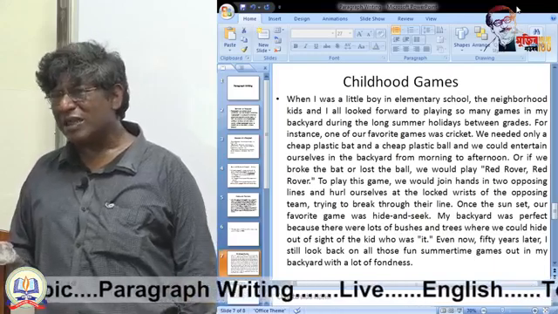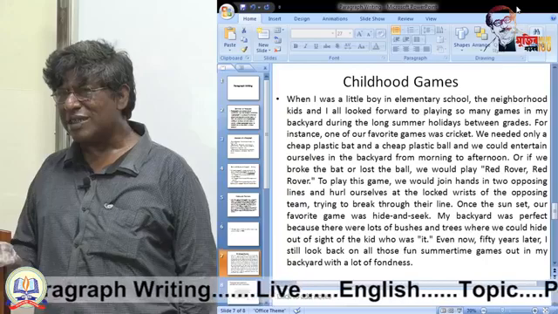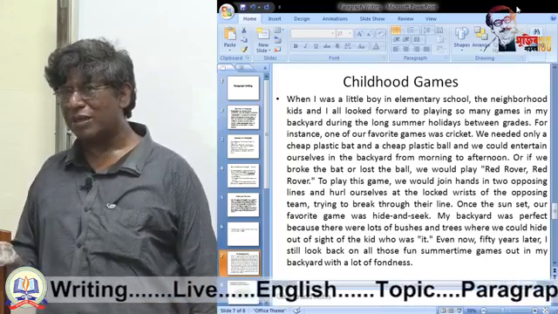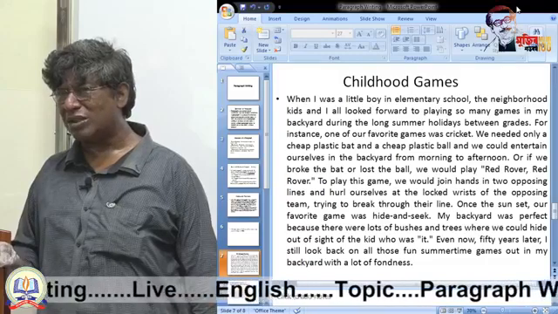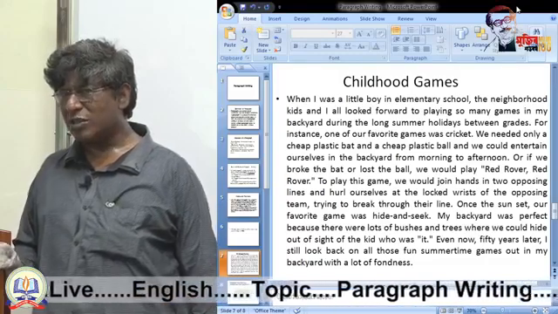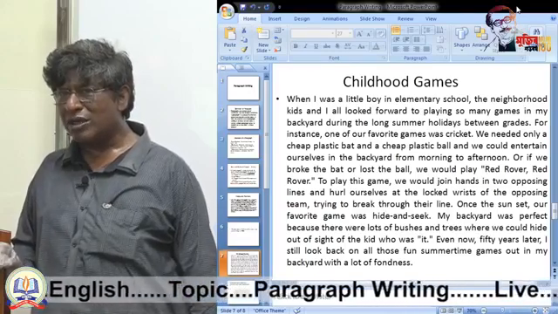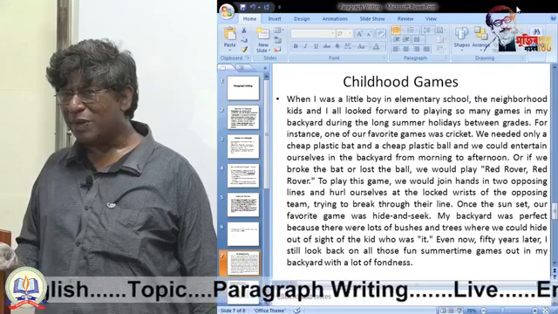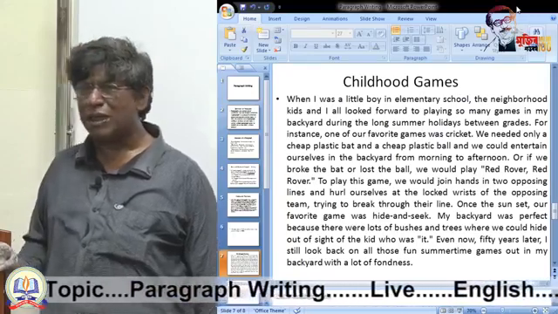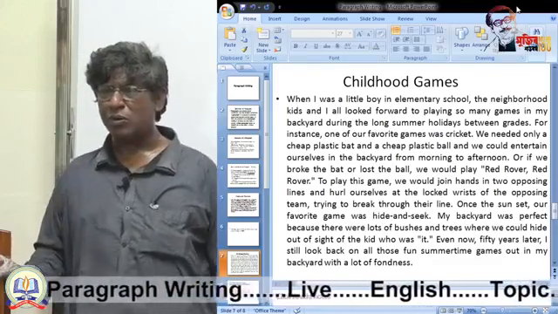When I was a little boy in elementary school, the neighborhood kids and I looked forward to playing so many games in my backyard during the long summer holidays between grades. For instance, one of our favorite games was cricket. We needed only a cheap plastic bat and a cheap plastic ball, and we could entertain ourselves in the backyard from morning to afternoon.